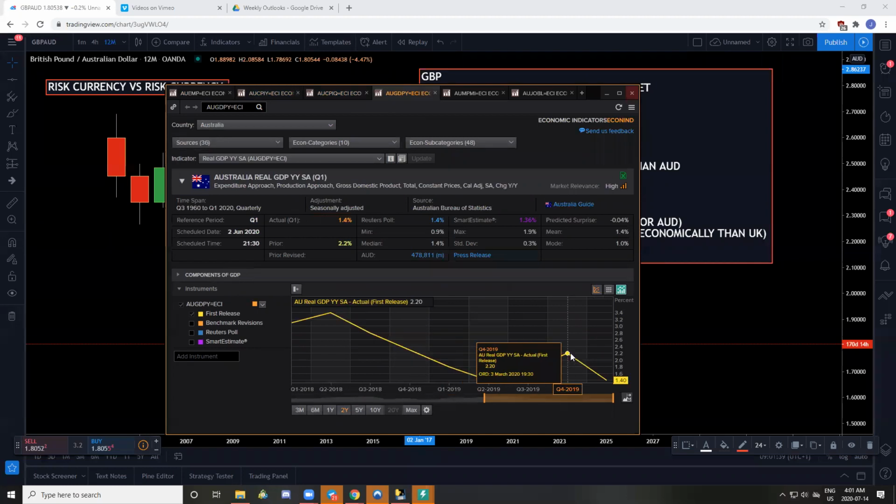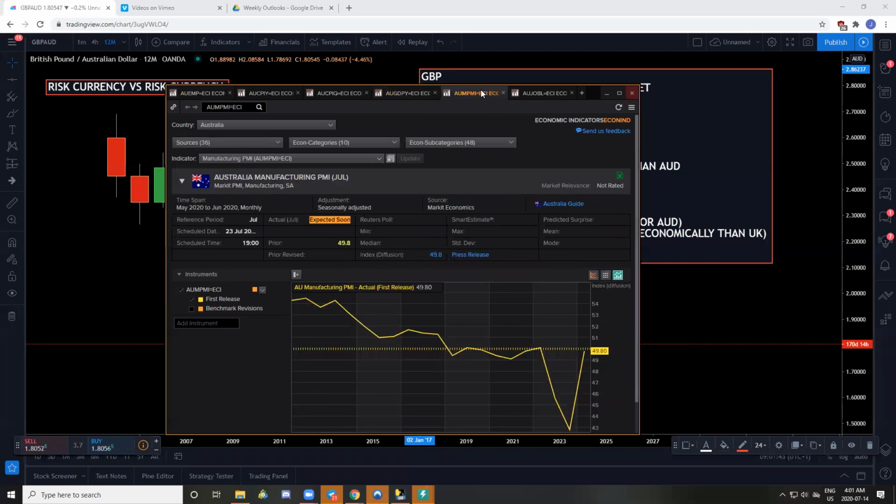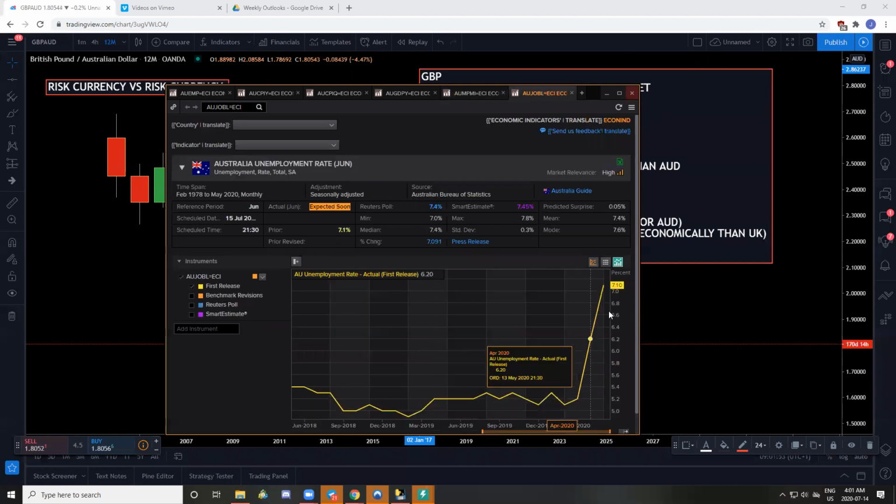GDP is still very weak, but not as heavy of a drop as the UK had. And a lot of their figures, like the manufacturing PMI figures, are coming back to pre-COVID levels, but still a heavy impact from coronavirus. I'm not saying AUD has escaped it.